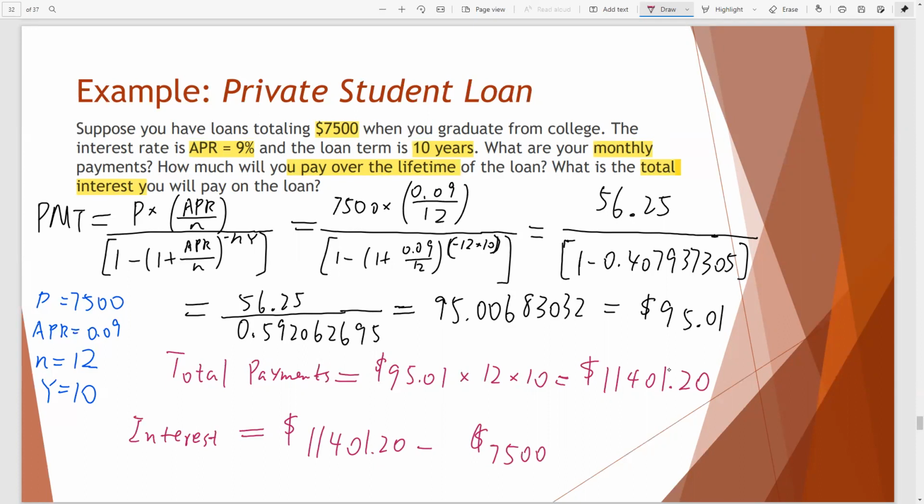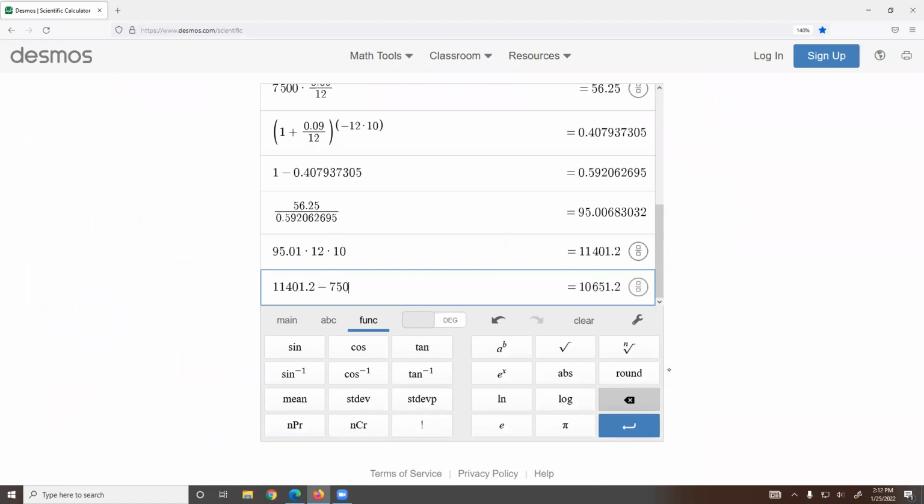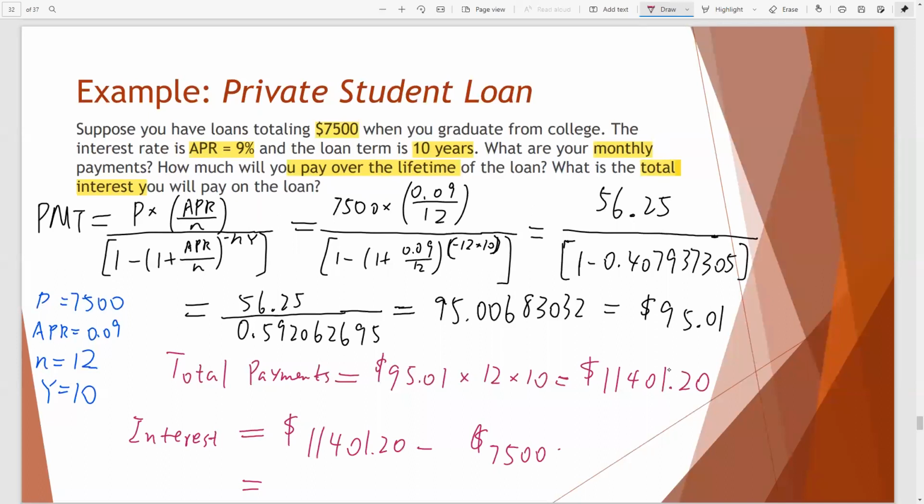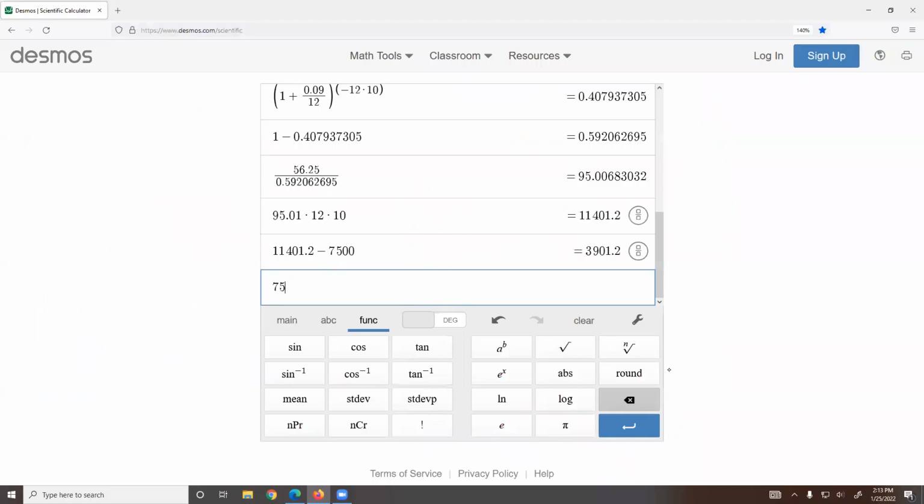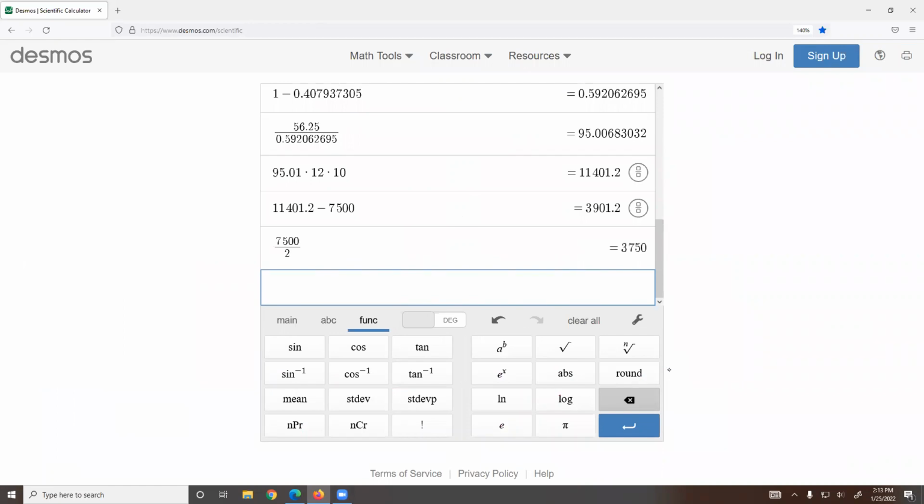We have the original principal of 7,500, so the total interest is $3,901.20. Half of 7,500 is 3,750.